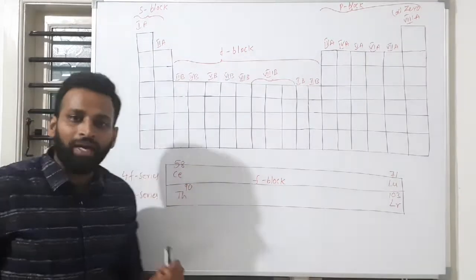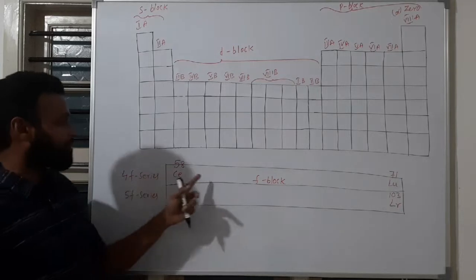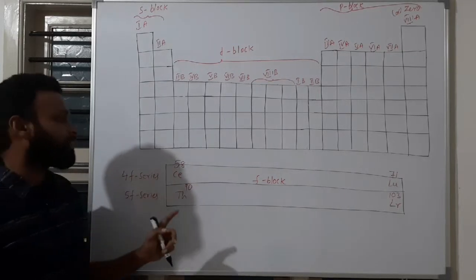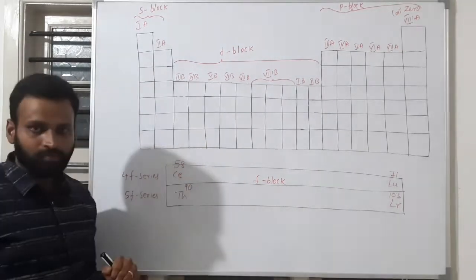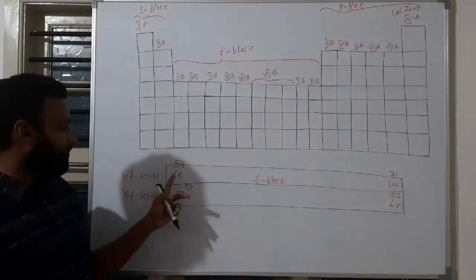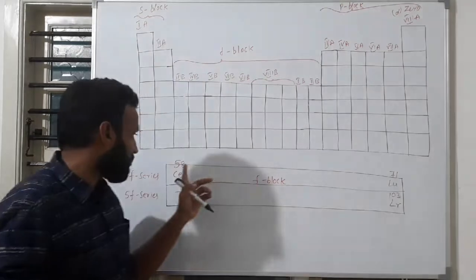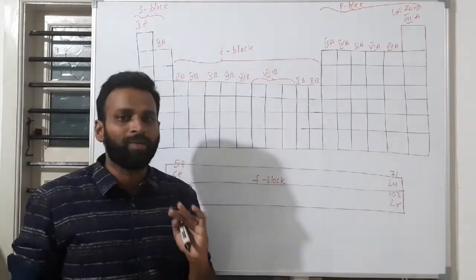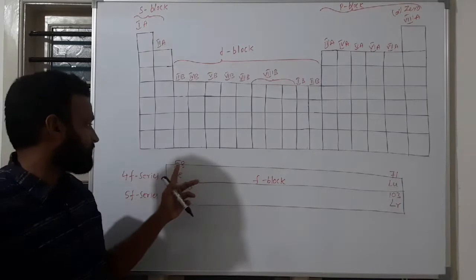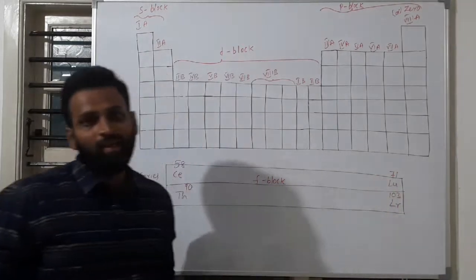And last and final, you have the F block at the bottom of the periodic table, as the 4F series as well as the 5F series. 4F series are called lanthanides and 5F series are called actinides. The 4F series goes from cerium to lutetium, including their atomic numbers, so from 58 to 71.